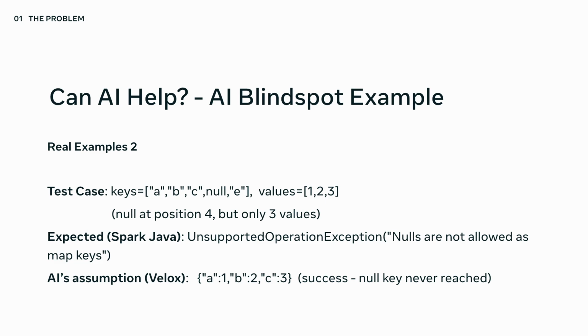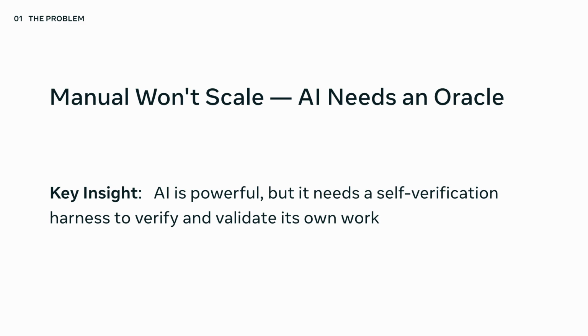Those edge cases are where AI is not really good. So from all this experience, our key insight is that AI is very powerful, but it needs a self-verification harness to verify and validate its own work. In our case, how can we provide the AI a tool to verify its own work?